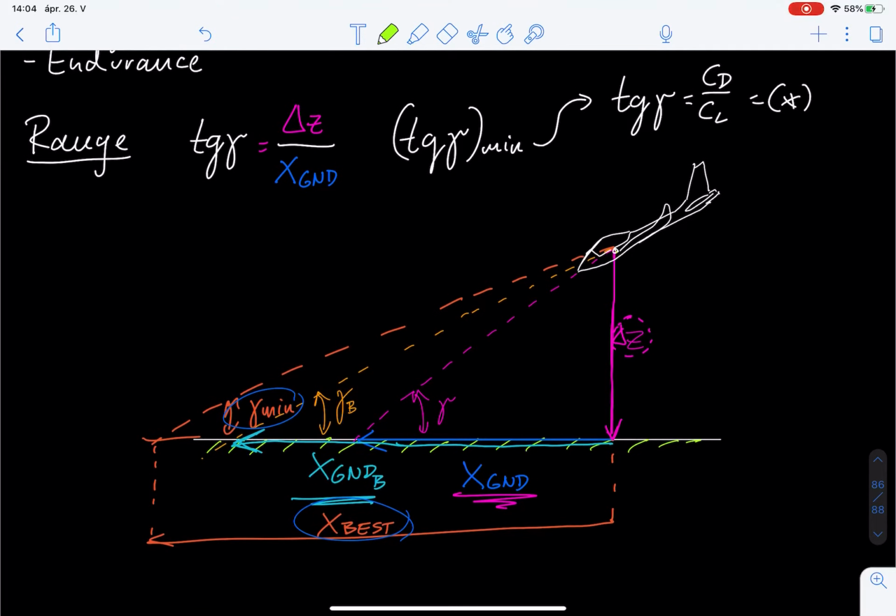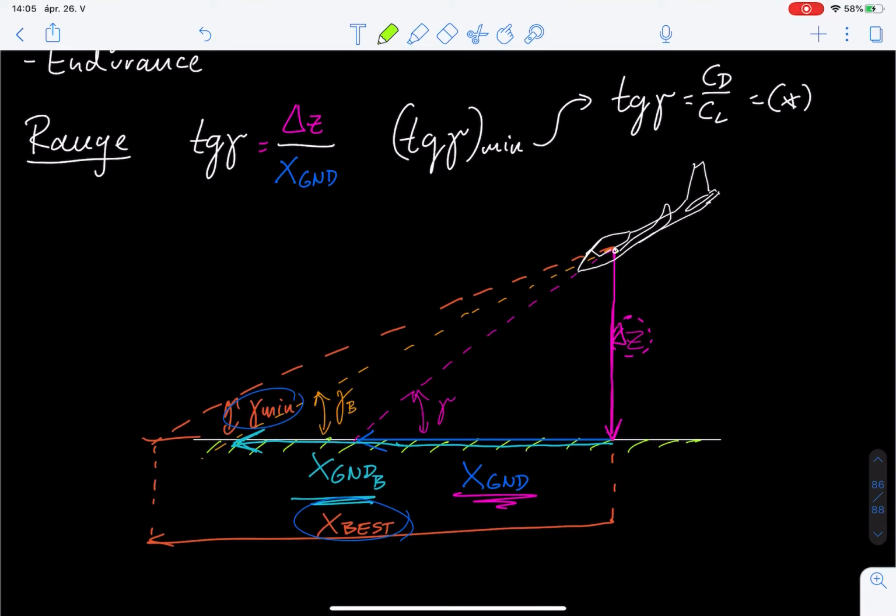So this is, I think, a very, very important lesson for us, especially when we're going to be training for forced landings without an engine. You guys can see how important it is to maintain the correct speed, right?